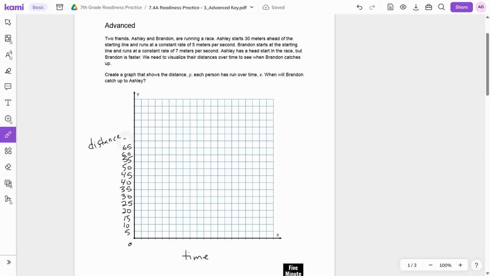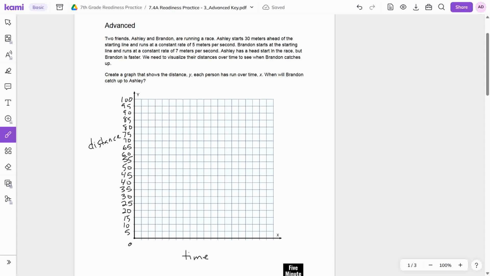So let's get this going right here, and we can use two different colors to represent Ashley and Brandon. Now we might skip count by 5s for our time, or we might use a different scale factor. Because what we're doing is per second here.